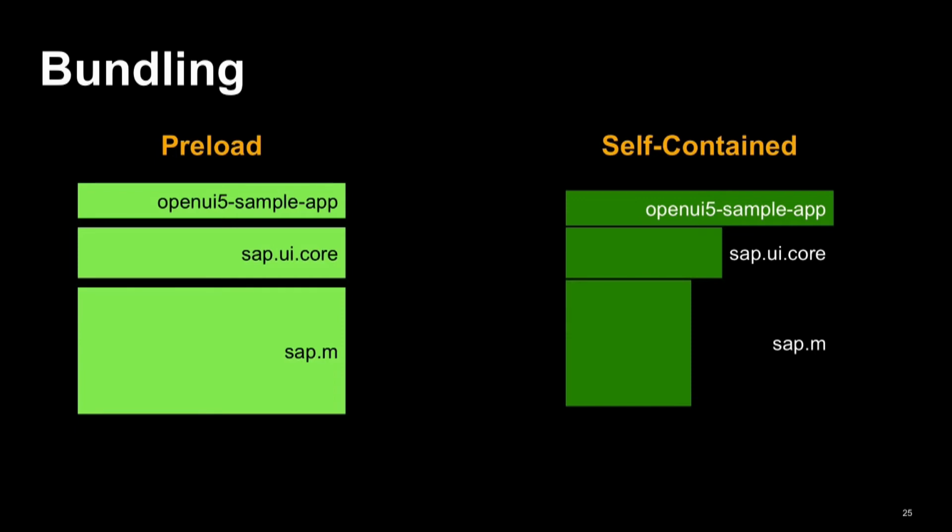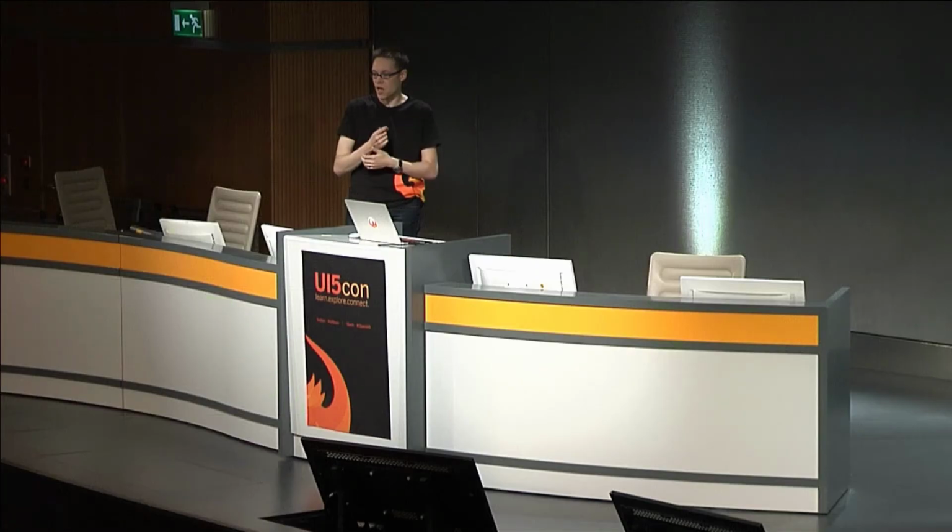It's just a matter of a single line on the command line interface to get to such a result, if your code base is ready for that. To the left, you see that all your application code gets bundled. In this case, the OpenUI5 sample app gets into a component preload, and each individual library is packaged into a library preload file. That's not bad, right?